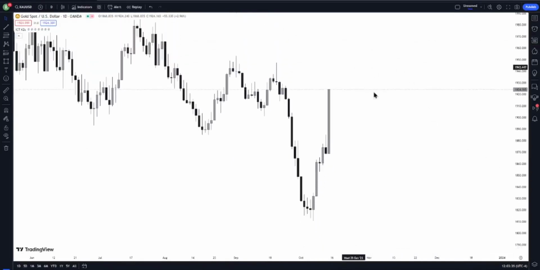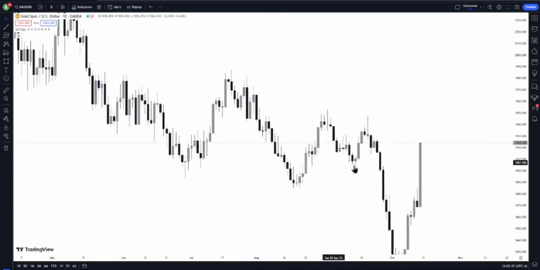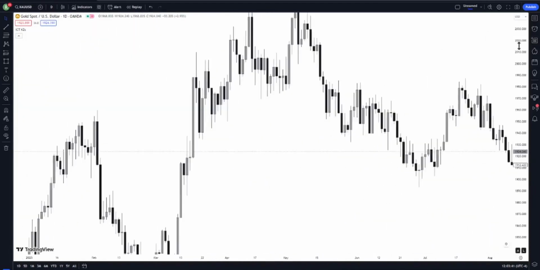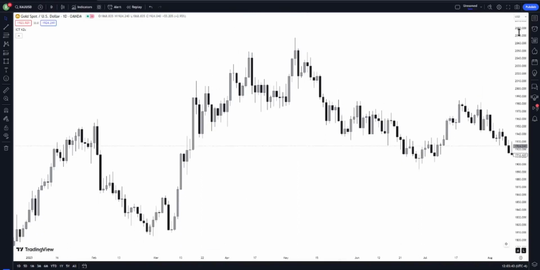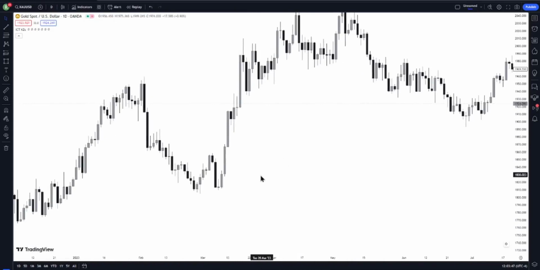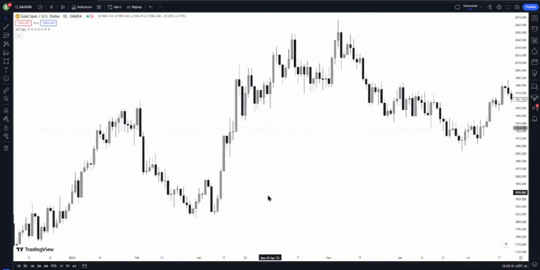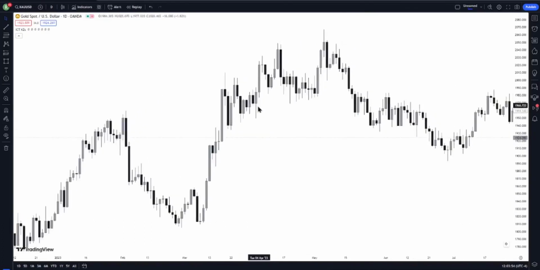Now let's mark out the structures here first of all and see what is happening here. As you can see, gold is pretty much bearish. I mean bullish. It's pretty much bullish. Let's mark out the most recent swing highs and swing lows in the market.